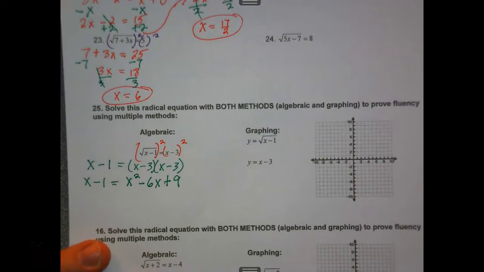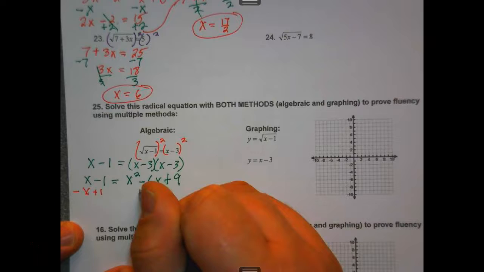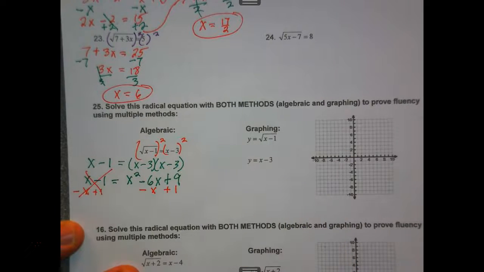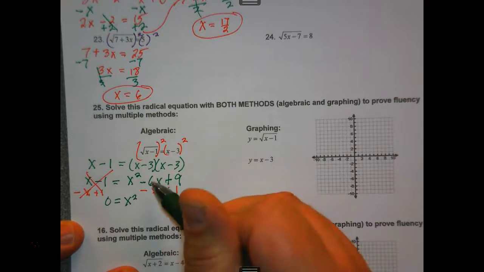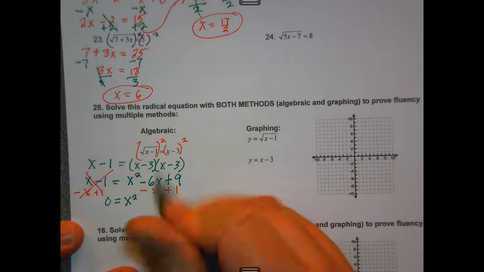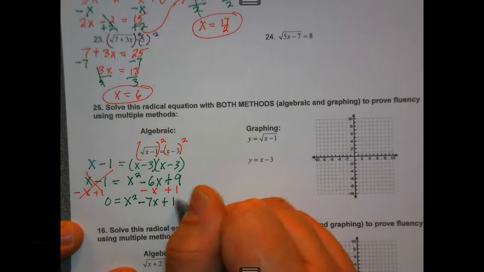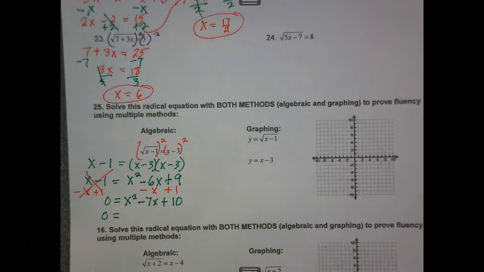All right, I have to get 0 on one side. So I'm going to subtract x and add 1. This goes to 0. I have x squared minus 6x minus 1x is 7x, and 9 plus 1 is 10. Over the past month and a half, I showed you 4 methods of solving quadratic equations.